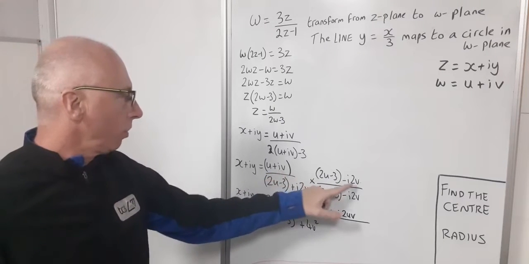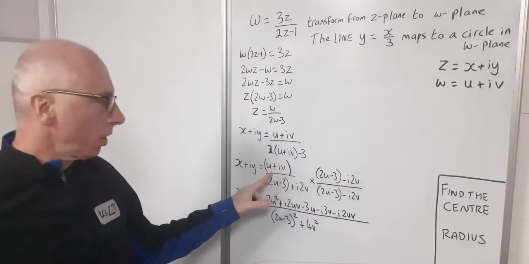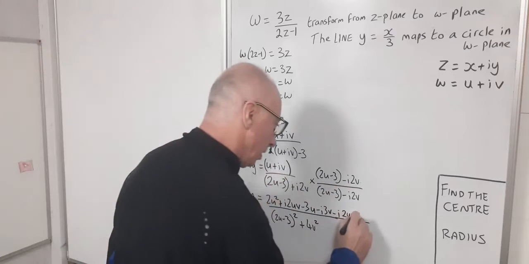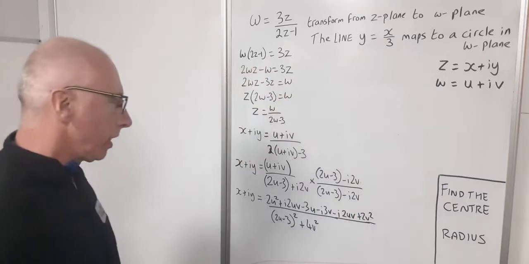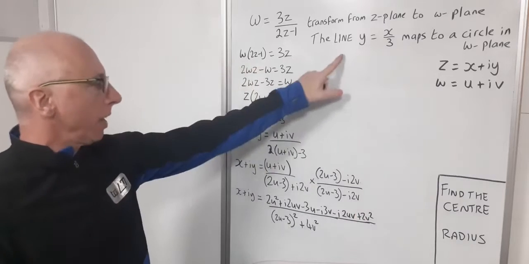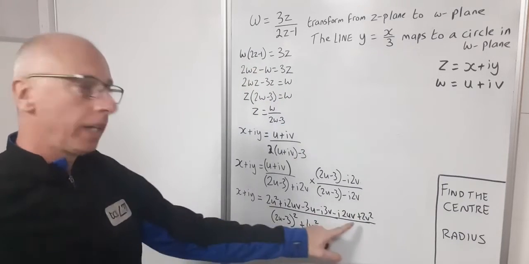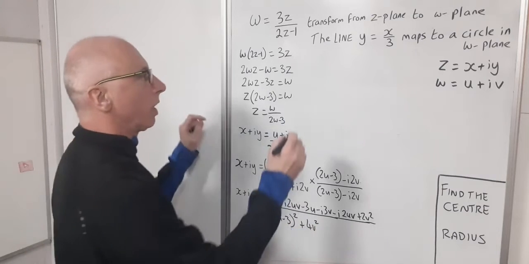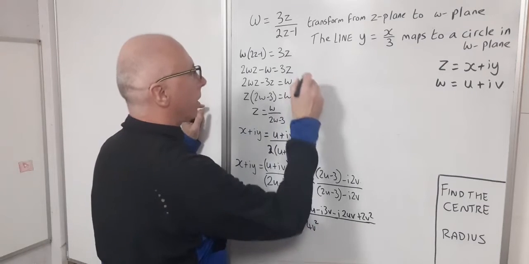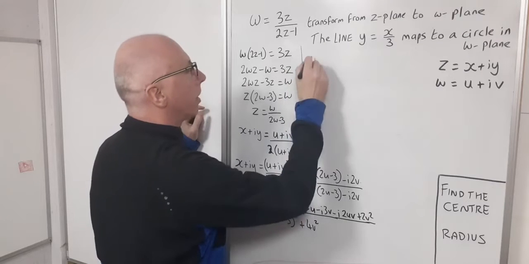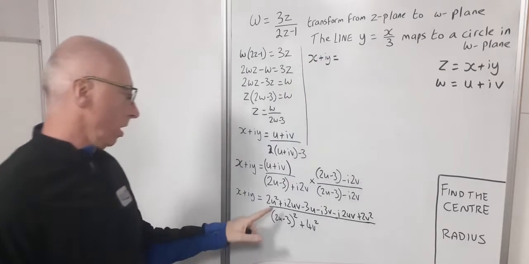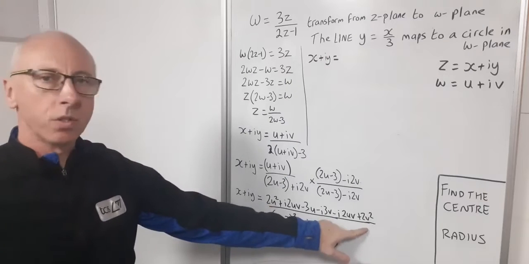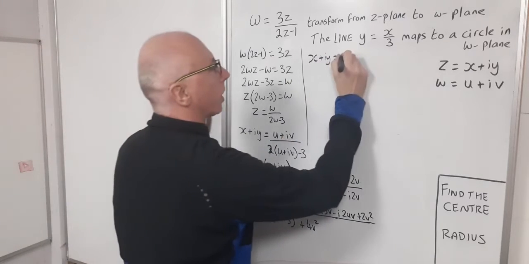And then 2v times v will give us plus 2v squared. Okay, right, now let's bring that up here and simplify this a little bit. Let's see what we can do. So now I've got, let's draw a line down here. x plus iy equals 2u squared plus 2v squared. That's working quite nicely.